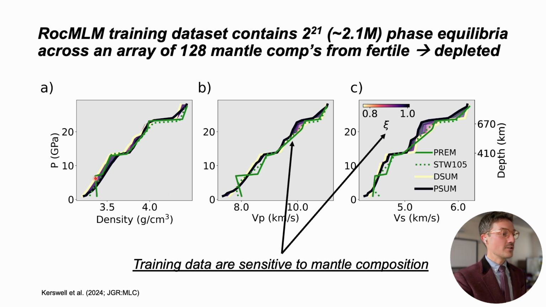In green are the geophysical models that show steps in different rock properties that are interpreted to be phase changes in Earth's mantle. The colored lines represent depth profiles of rock properties in our training dataset. And the important takeaway is that our training dataset shows good agreement with the geophysical reference models, with some deviations depending on the hypothetical bulk mantle composition in our training dataset.